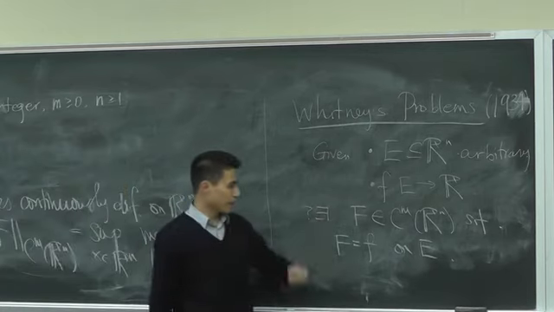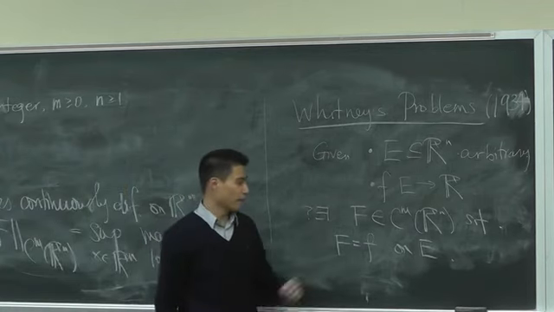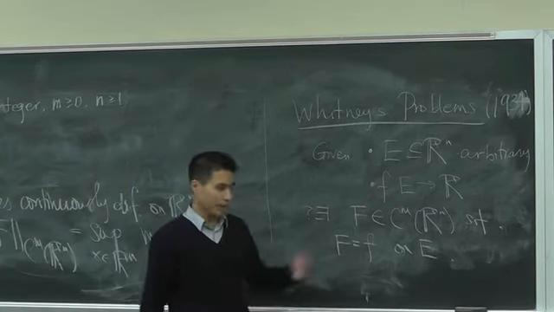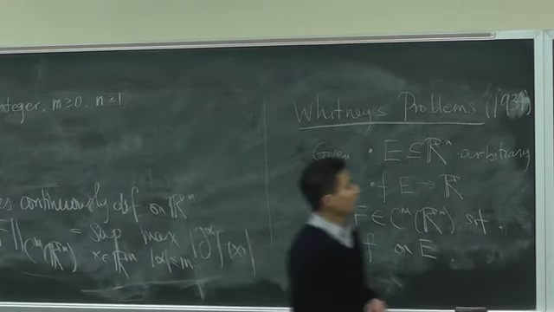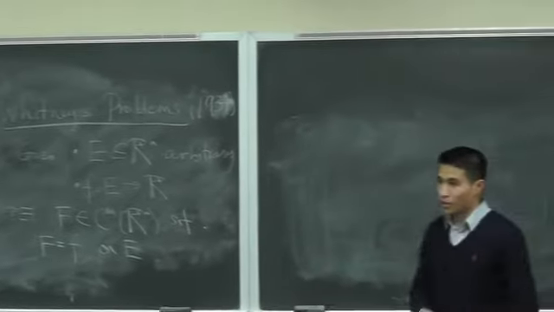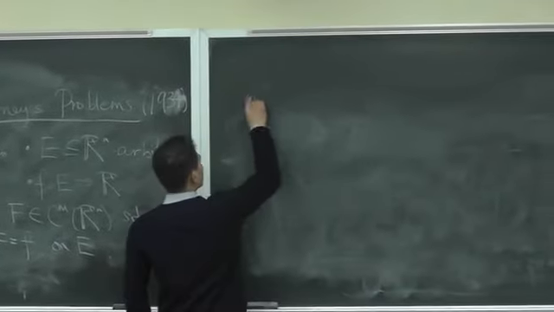If such an F exists, it's said to be an extension of little f or an interpolation of f, depending on whether you're a mathematician or a statistician. If an extension exists, then you can ask further questions.